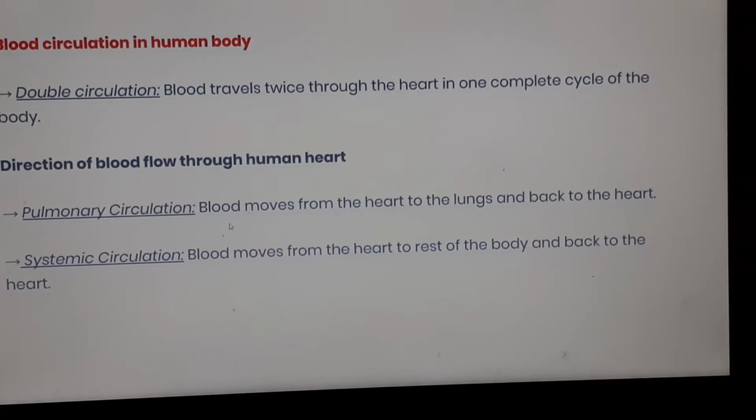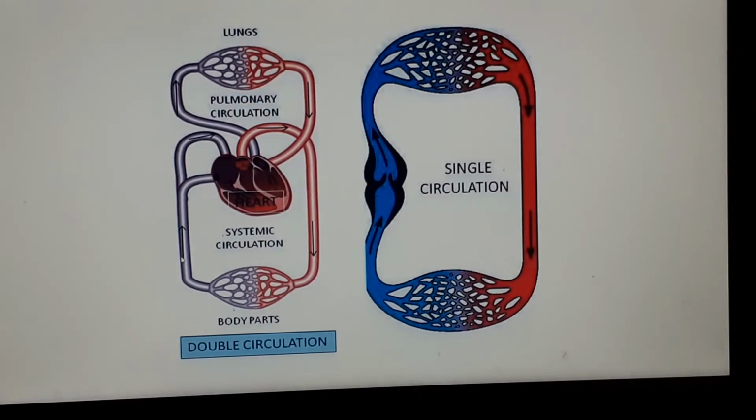Pulmonary circulation means blood moves from the heart to the lungs and back to the heart, that is, between the heart and lungs. Whereas systemic circulation means blood moves from the heart to the rest of the body parts and back to the heart. This is called systemic circulation. So this diagram represents it clearly.